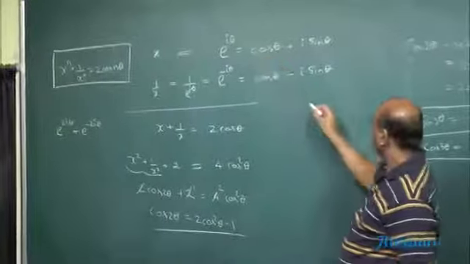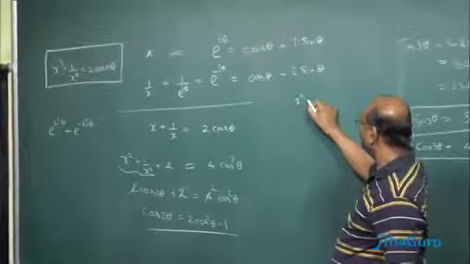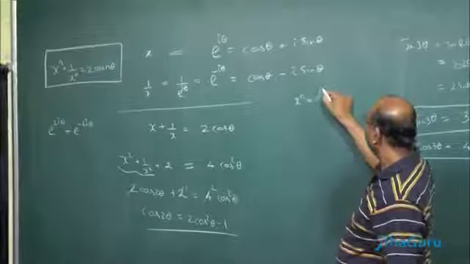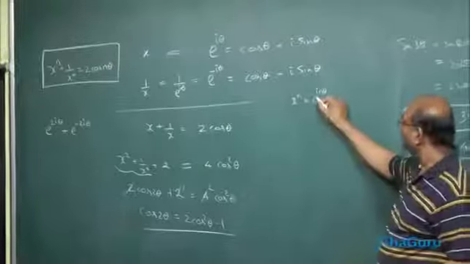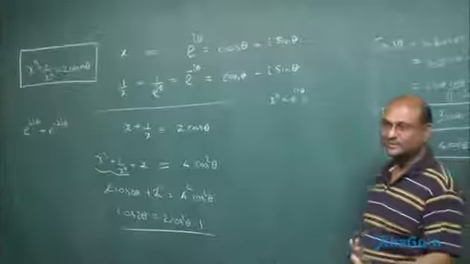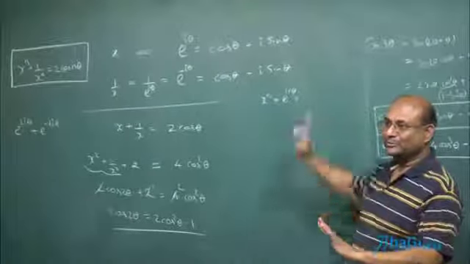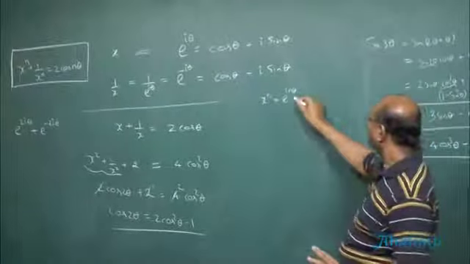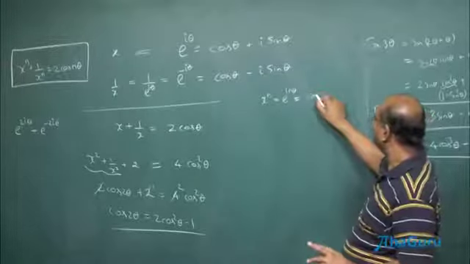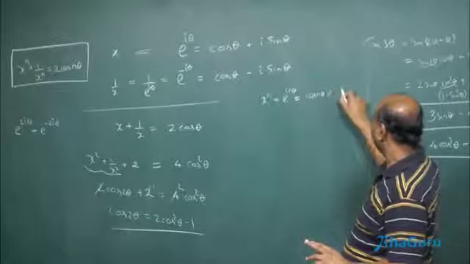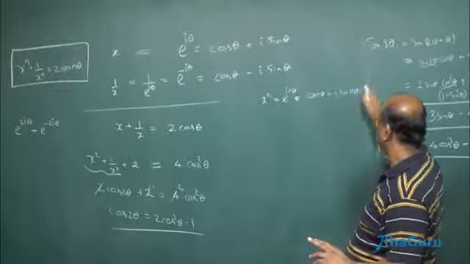Correct? So if I did x power n, let me just write it. x power n is e power i n theta, basically because it's an exponential, so it's very useful. Now don't write now, just think about it first. It should enter into your head, you should be able to use it. You have a video anyway for this, so don't worry. So this is cos n theta plus i sin n theta.